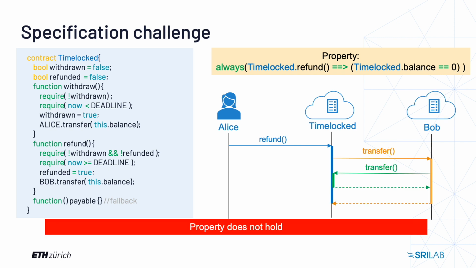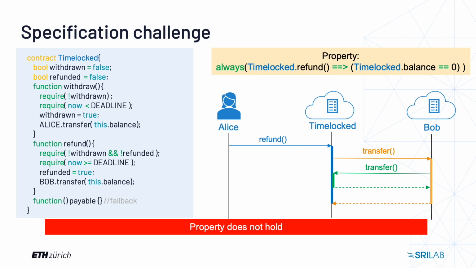Problems arise when the contract calls not another user-controlled address, but another contract. If you have the property that after the refund the balance of time locked must be 0, and Bob is another contract, the property won't hold. One possible violation trace is shown in the diagram on the right. After the initial call from Alice, the time locked contract will transfer the funds to Bob.